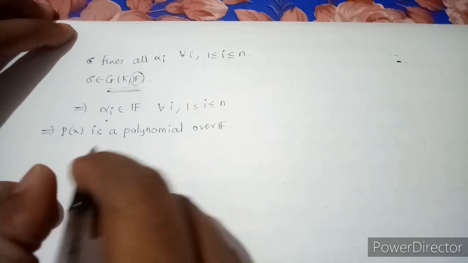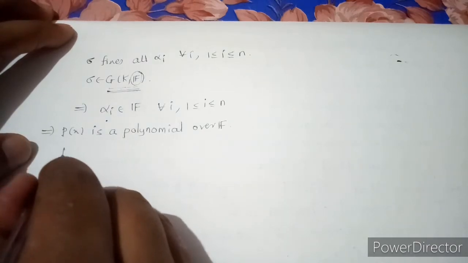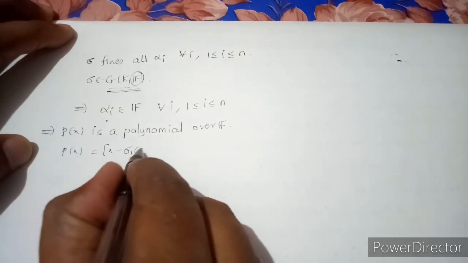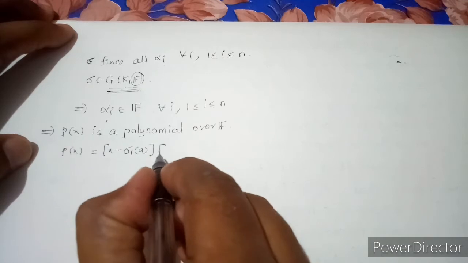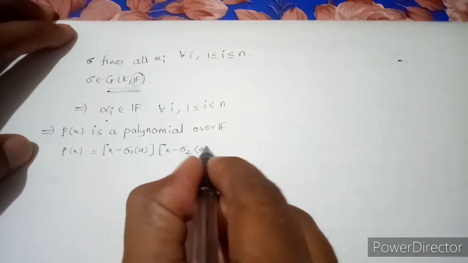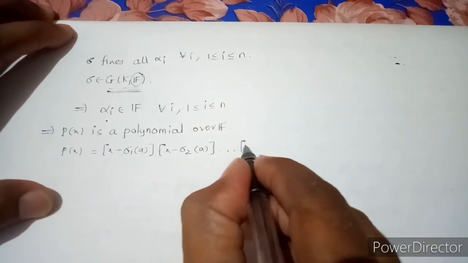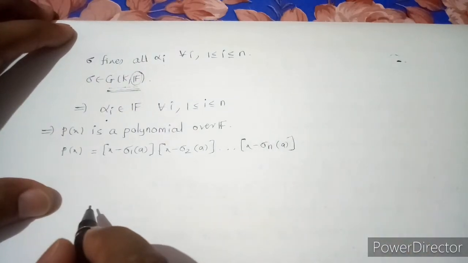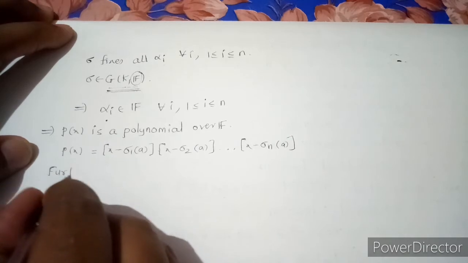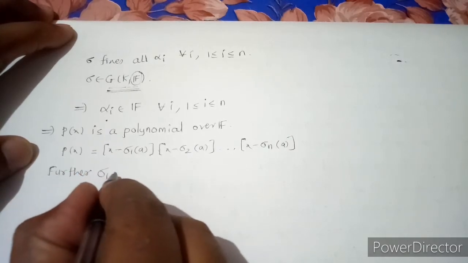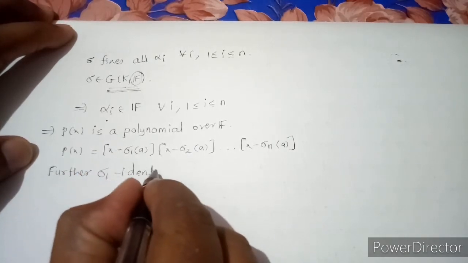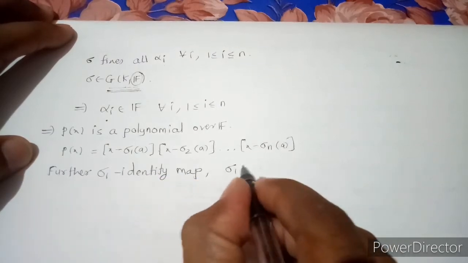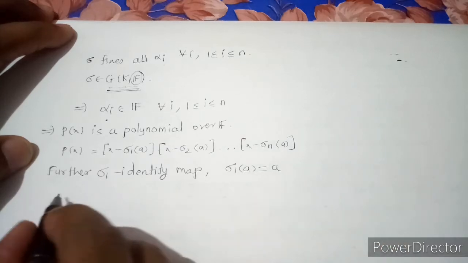Also we can see that P of x splits over T as x minus sigma 1 of a, x minus sigma 2 of a, and so on, x minus sigma n of a. Further, this sigma 1 is the identity map, meaning sigma 1 of a is a.